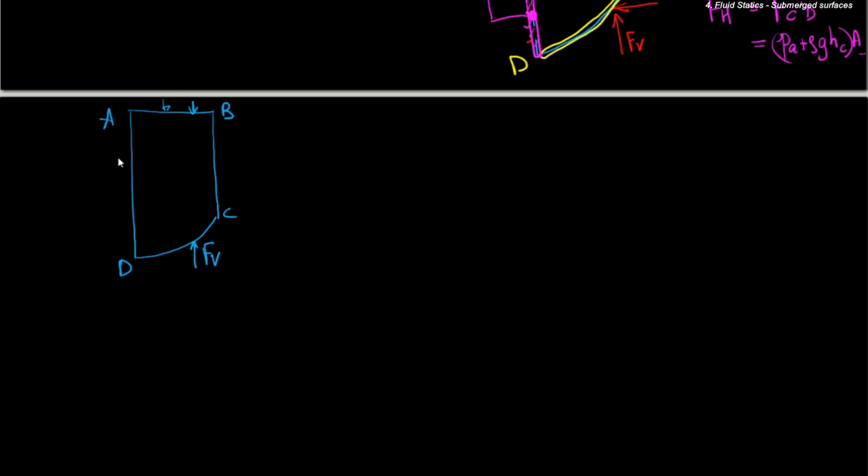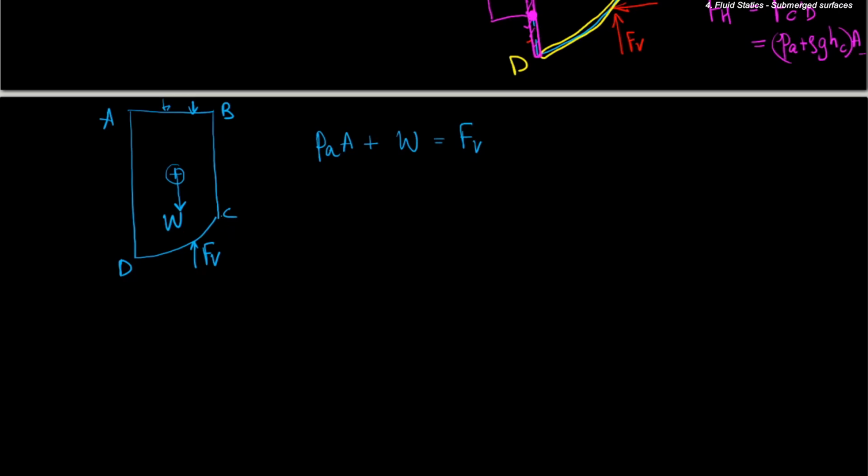There is no force acting on AD and BC which has a component in the vertical direction. And the last thing we need to consider is the entire mass of this fluid element, so the weight. So if we do a static balance, we have atmospheric pressure times the area, that is area of AB, plus W, and this will be equal to the vertical force. It is going to be as simple as that.